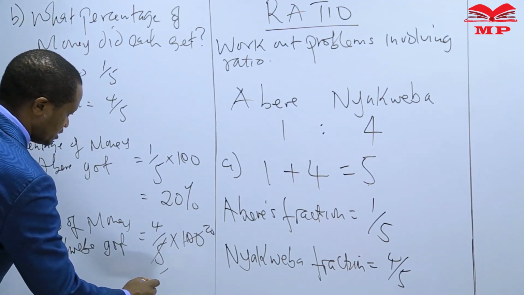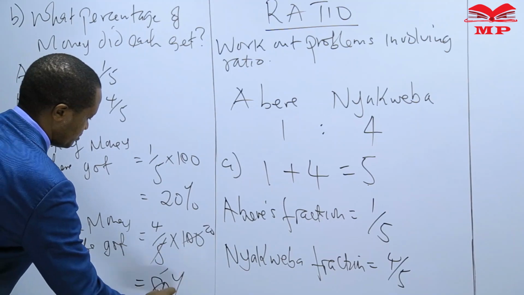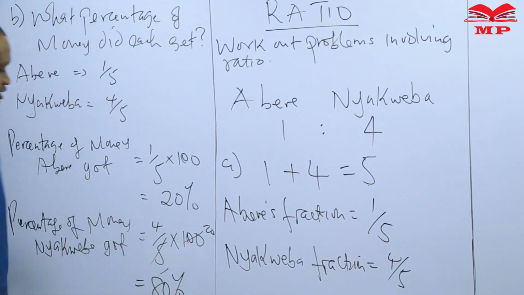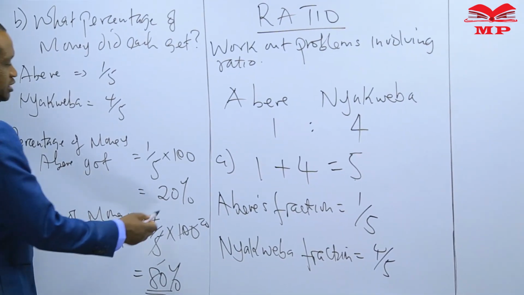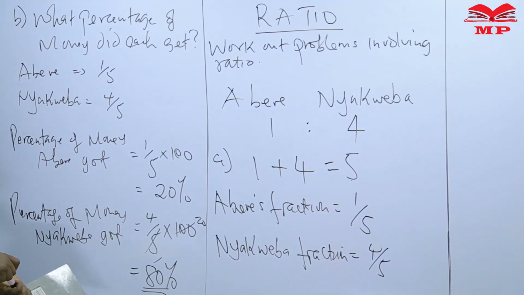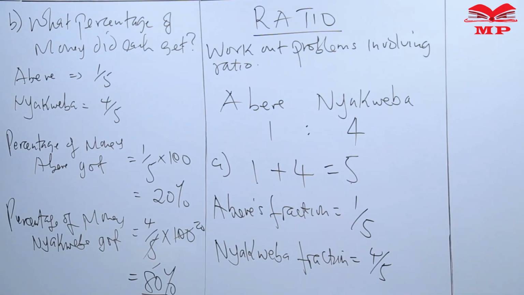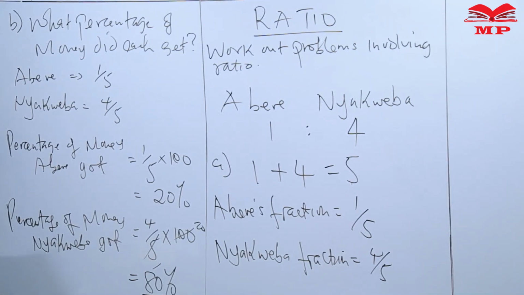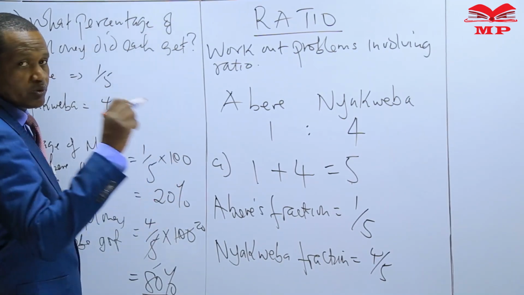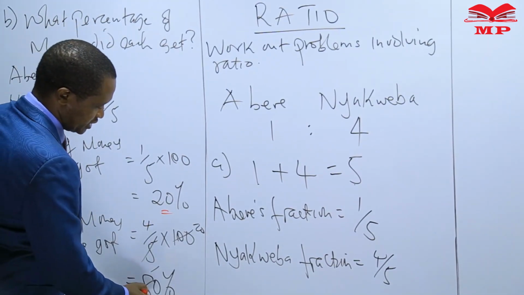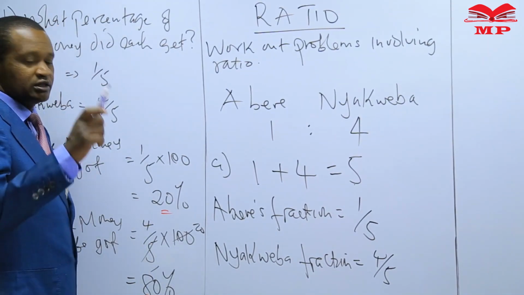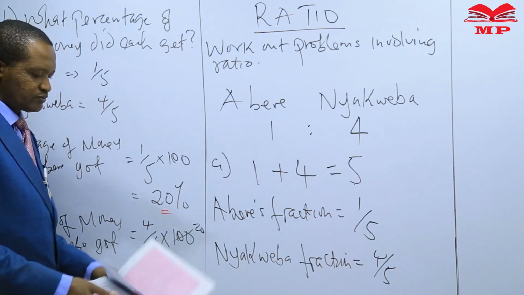This gives us 80%. So the percentage of money Abere got is 20%. The percentage of money Nyakweba got is 80%, giving us a total of 100. 20% plus 80% gives us 100%.